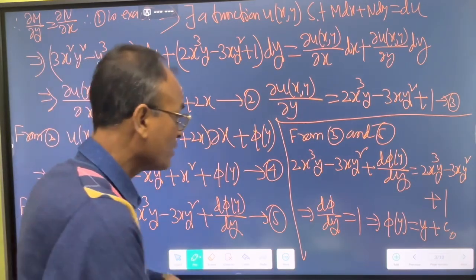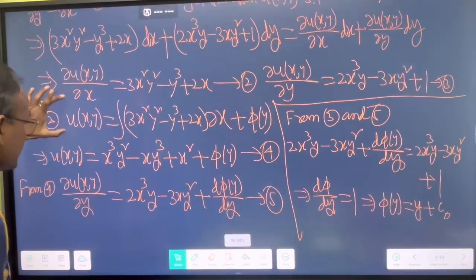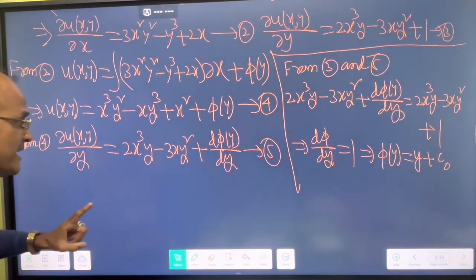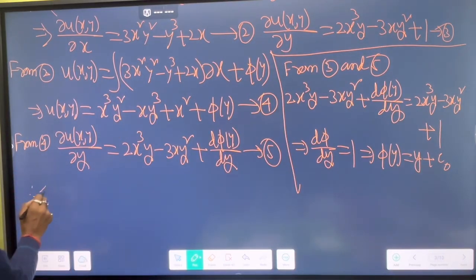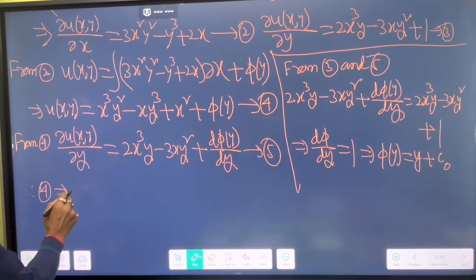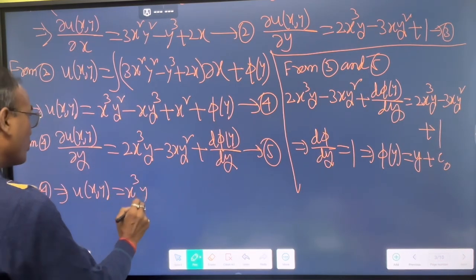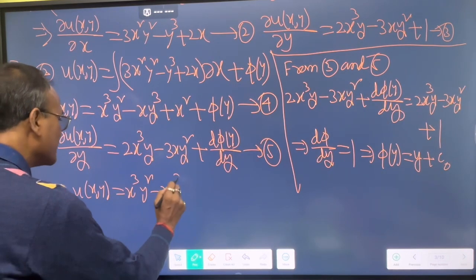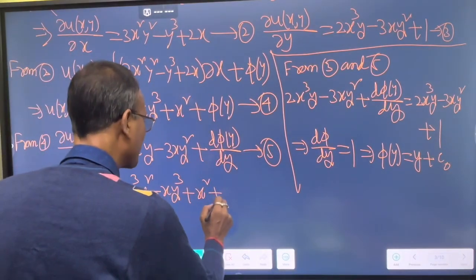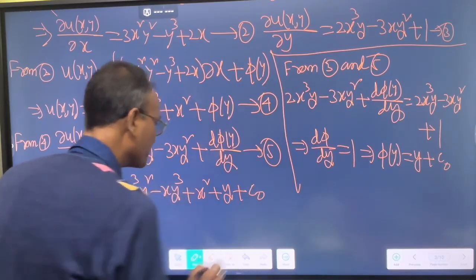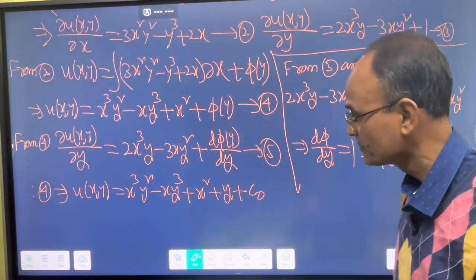Now substituting the value of phi in 4, we get u of x, y equals x cube y square minus x y cube plus x square plus phi of y, which means y plus c naught.